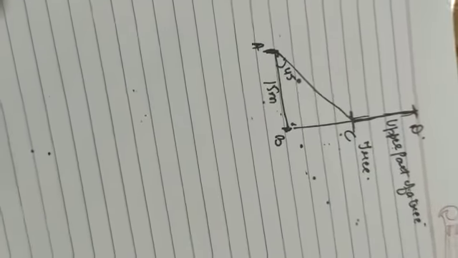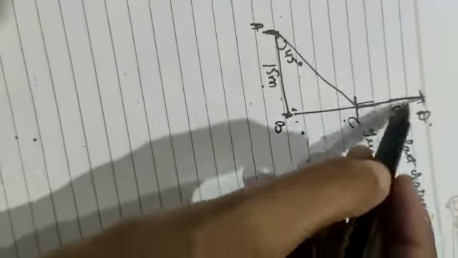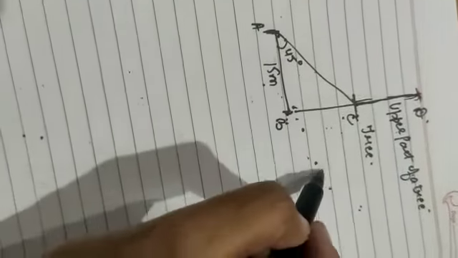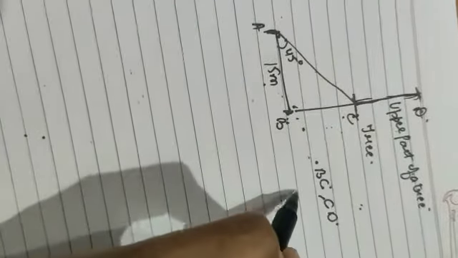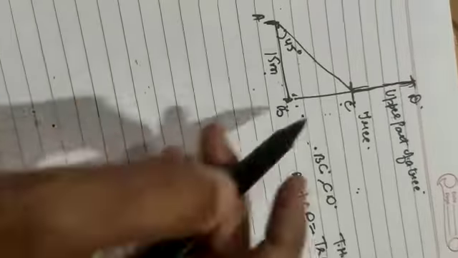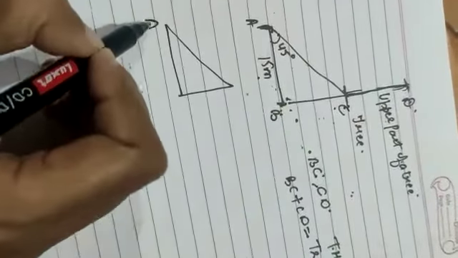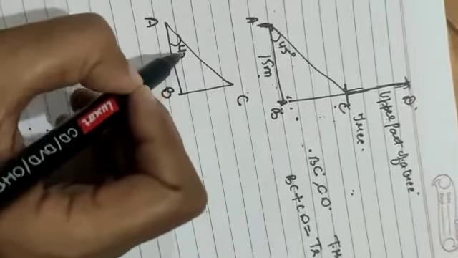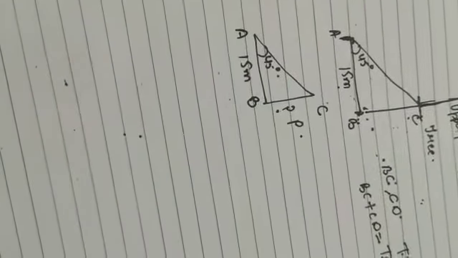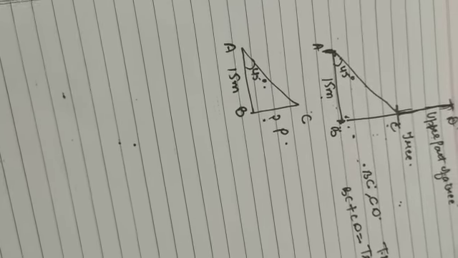Right? Now, to find this total height of the tree, we need BC and CD. By adding BC and CD, we can find the total height of the tree. So first of all, by using this triangle ABC, angle is 45, base is 15 meter, we can find this perpendicular. Let BD be the tree before broken, CD is the upper part of the tree.